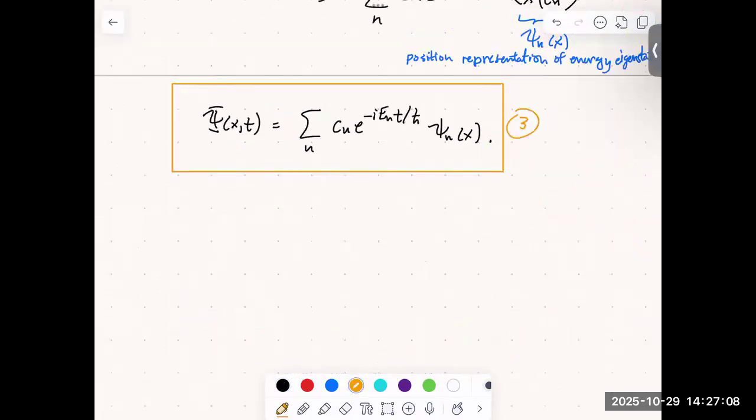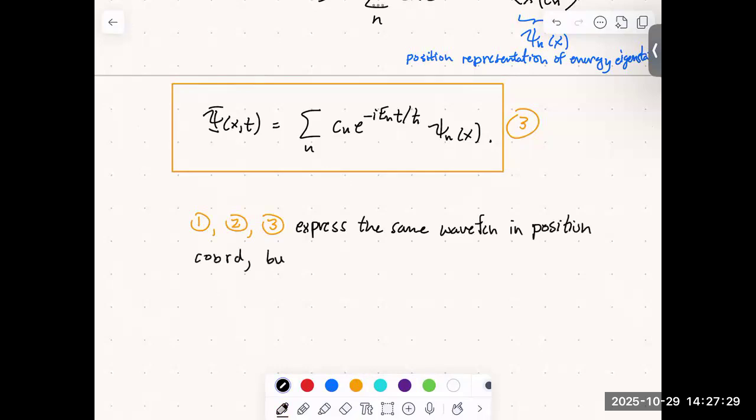So let's say 1, 2, and 3 express the same wave function in position coordinates, but as components of different eigenstates.